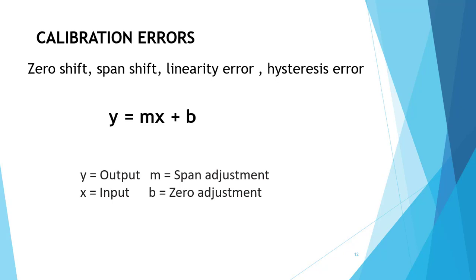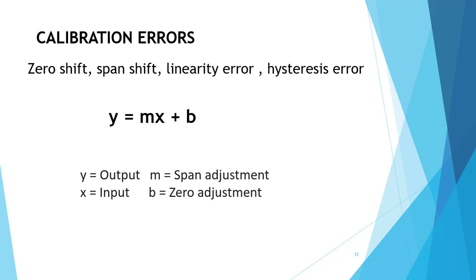Calibration errors include zero shift, span shift, linearity error, and hysteresis error. The equation is y equals mx plus b.